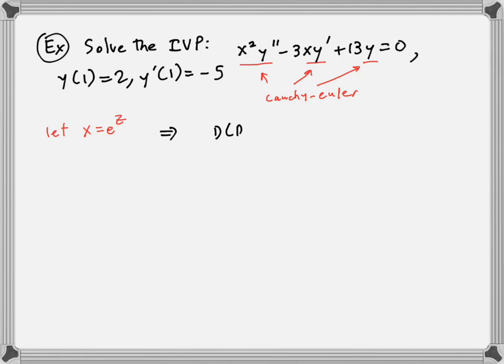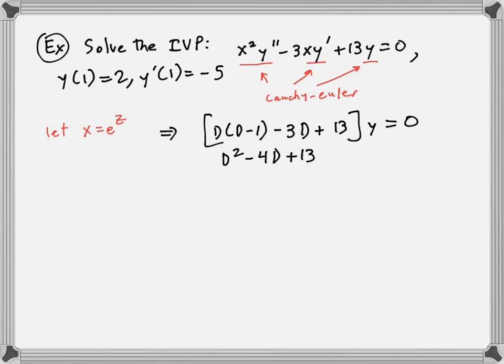We have D times D minus 1, minus 3 times D, plus 13, all of that times y is equal to 0. So this becomes D squared minus 4D plus 13 times y is equal to 0.